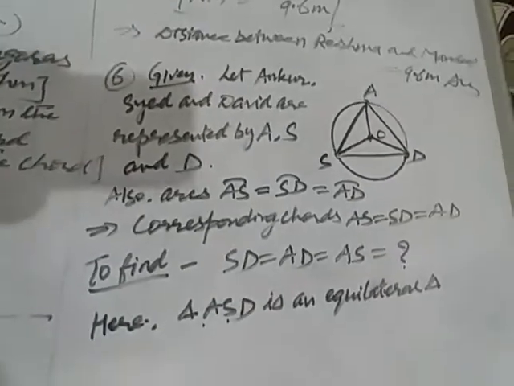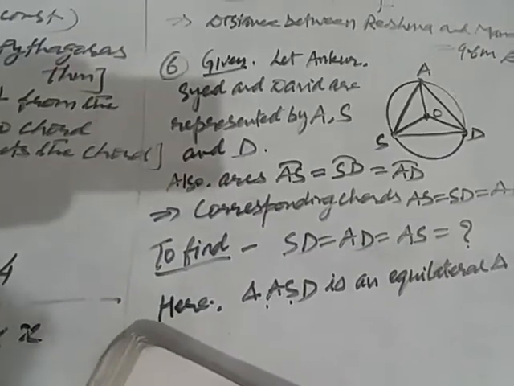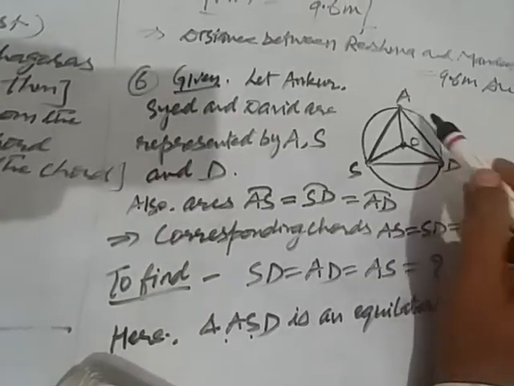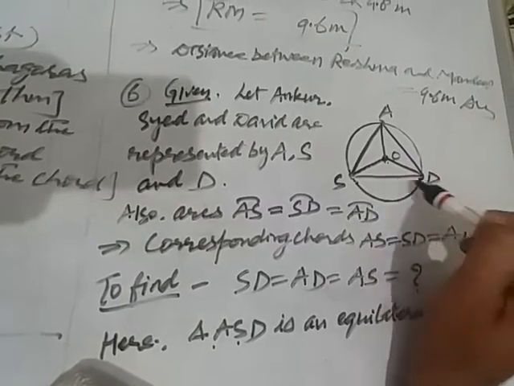Distance from the center, that is the question. What was the question? A circular park of radius 20 meter. So see, A, S and D, all the three are sitting on the circle. So AO equal to OS equal to OD.